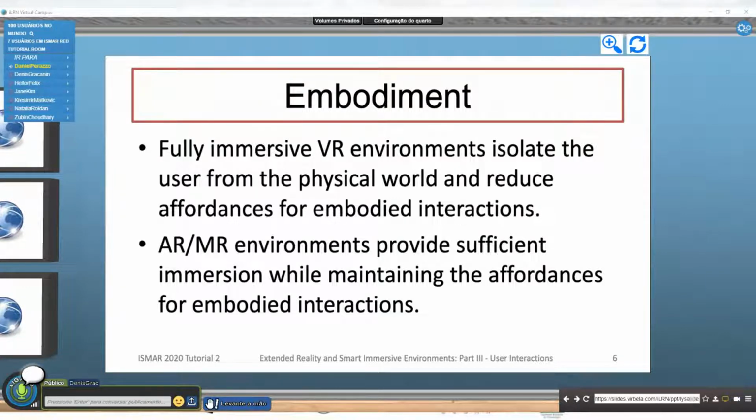In augmented reality or mixed reality environments, we can have sufficient immersion while at the same time also maintaining the affordances for embodied interactions. Why? Because we can see directly the physical world in our place. So therefore, a user has that anchor in the physical world.